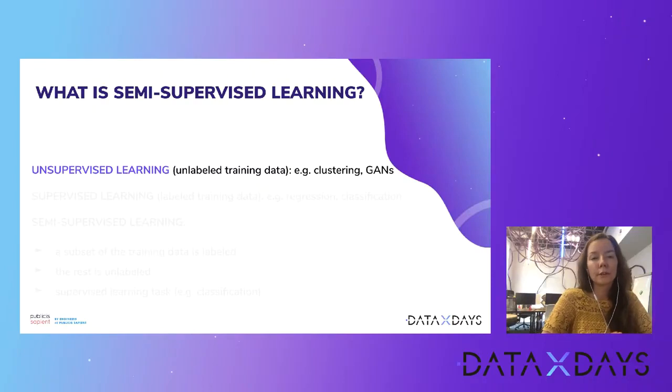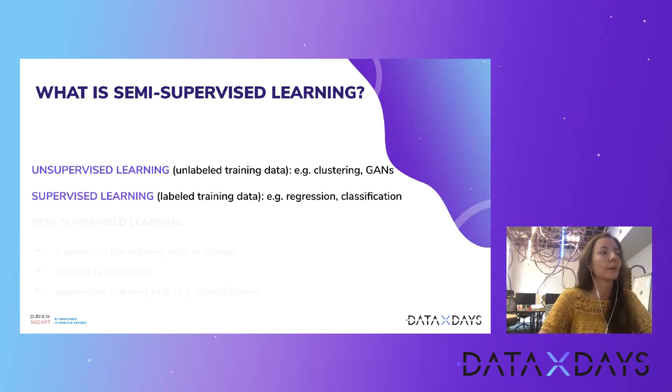And also generative adversarial networks, which can be used to generate new data that has the same distribution as your original unlabeled training data.